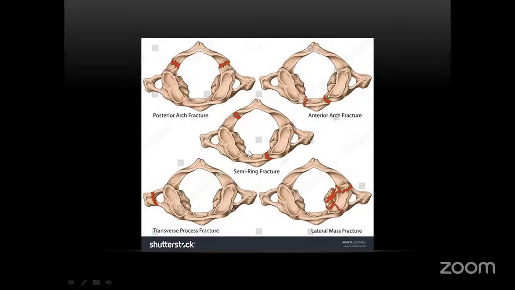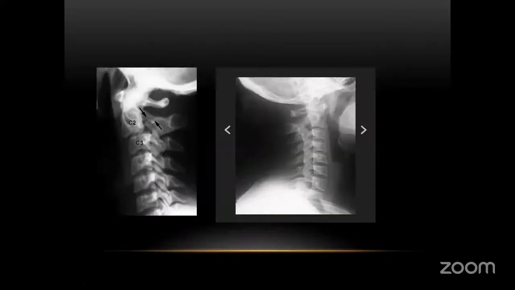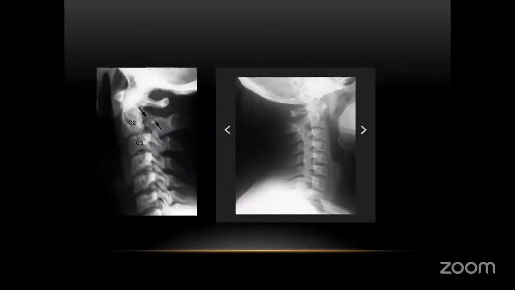How will you come to know that the TAL is disrupted? If there is an increase in the atlantoaxial distance, the distance between the atlas and the dens.